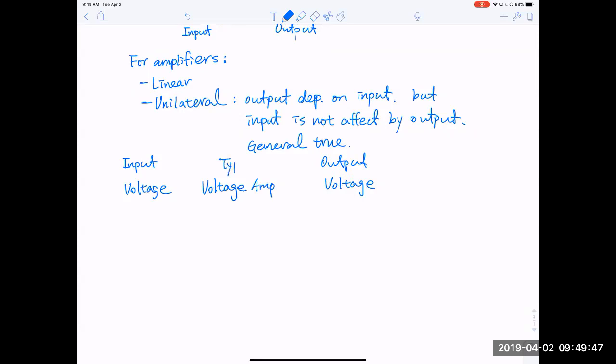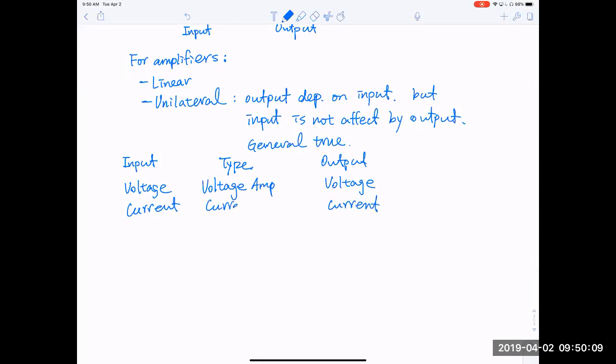So this will be the type of amplifiers. As you can kind of guess, there are four possible combinations. The input could be voltage. The input could be current, and if the output is also current, then it is a current amplifier.